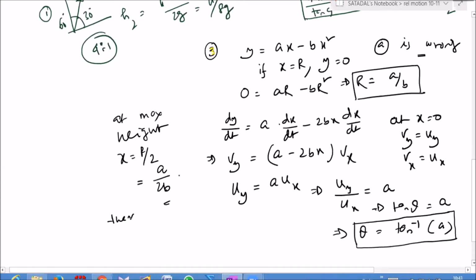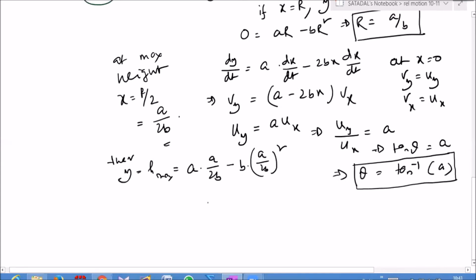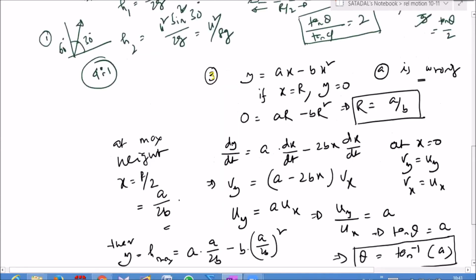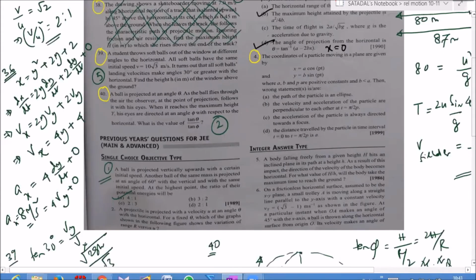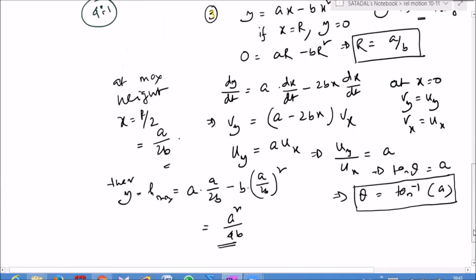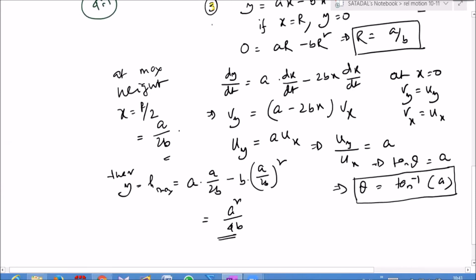Then y is equal to h max is equal to A into A by 2B minus B into A by 2B square. If you solve, it will come A square by 4B. Yes, correct answer. A square by 4B. Right? Fine. Okay. No hands now, I said. No hands.